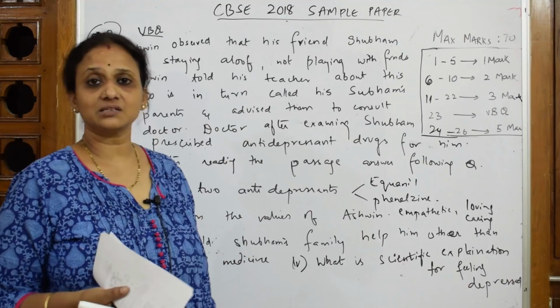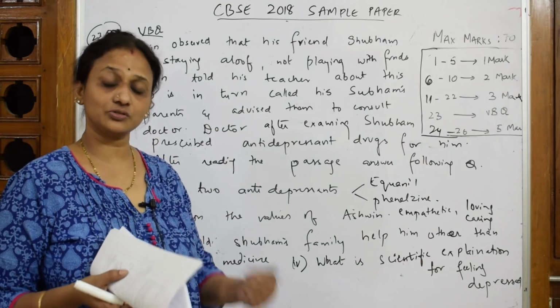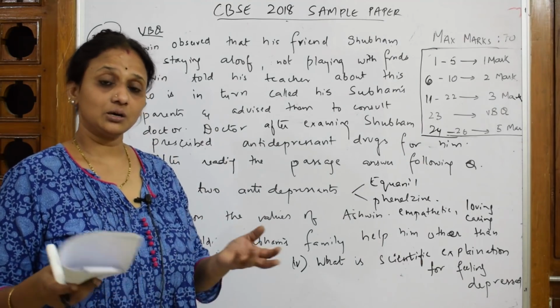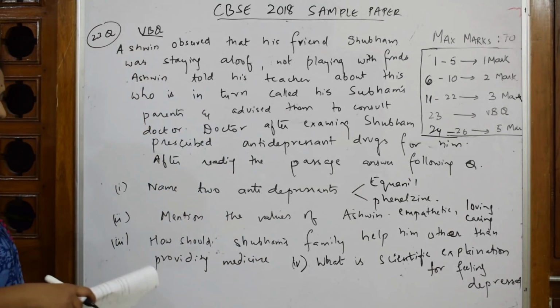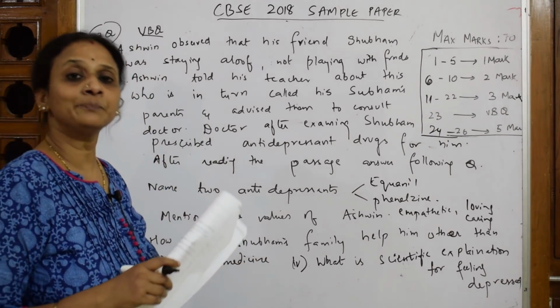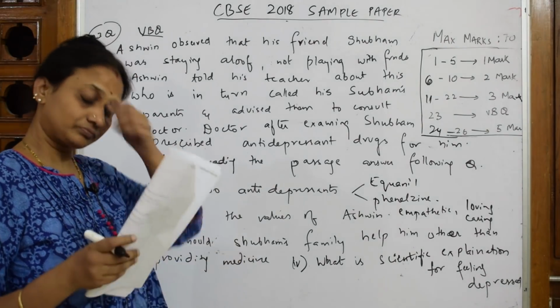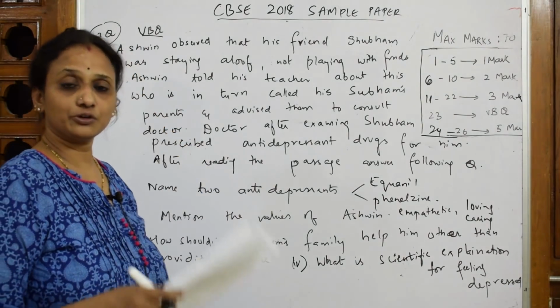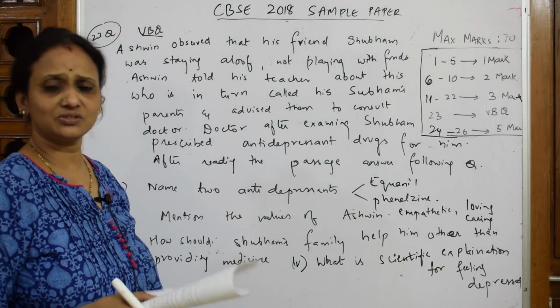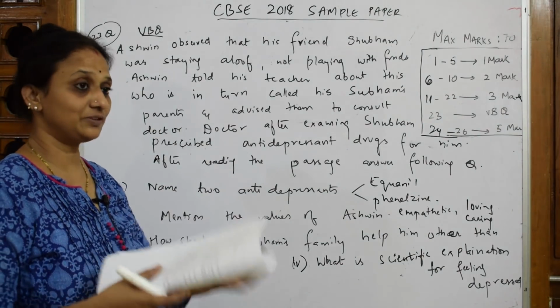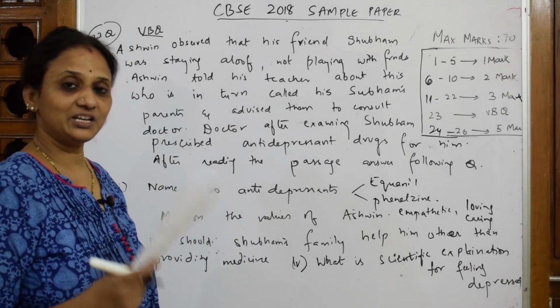As a parent, you should have that role in talking to the child, monitoring the child, providing him that comfort zone. You should write Shubham's family should talk to the child, give him love and affection, take care of their child, and have a good rapport with the child. You can write in your own words. Try to feel that question and write, then it will be very nice in answering.